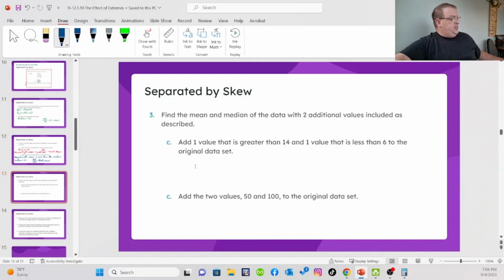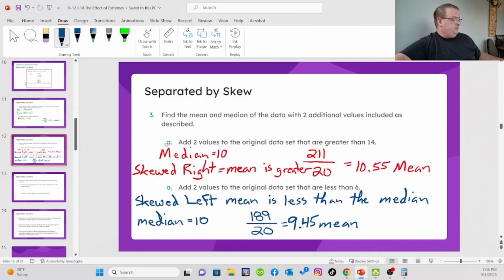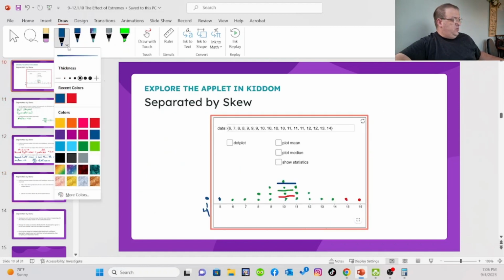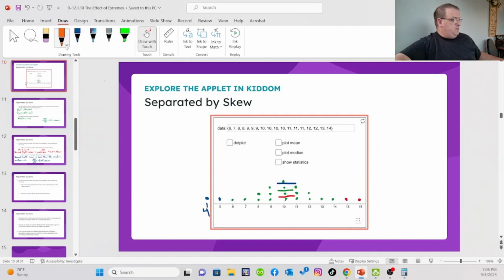Now for this one, they ask us to add one value that is greater than 14 and one value that is less than 6 to the original data set. So we can come up here. Let's make this orange. So we're only paying attention to the green and then the orange that we add.